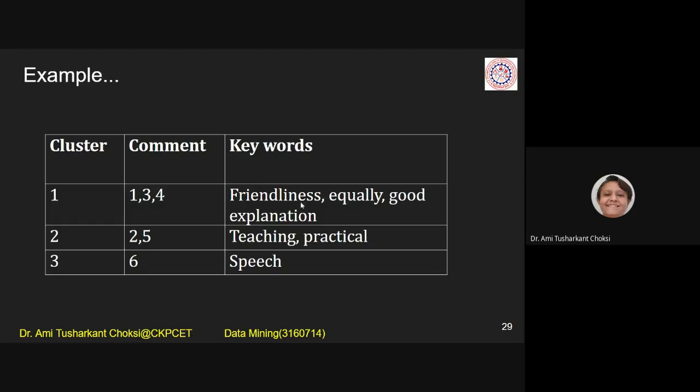Somebody may like friendliness, equal treatment, and good explanation. Somebody may be impressed only with the speech. Somebody will be impressed with good teaching with practical demos, right? So students fall into categories based on what they like, and based on these keywords, we have the clusters, right?